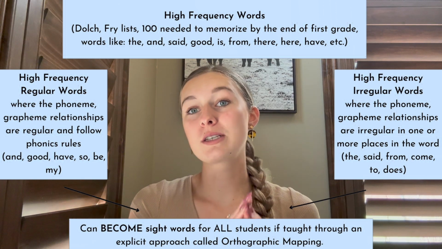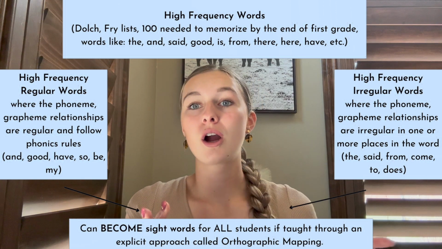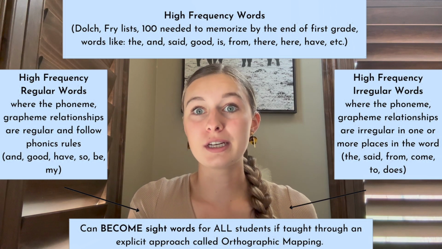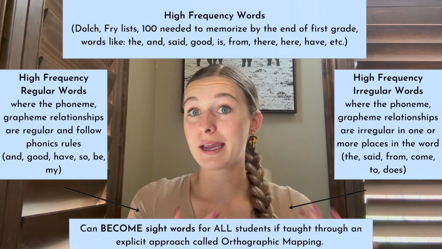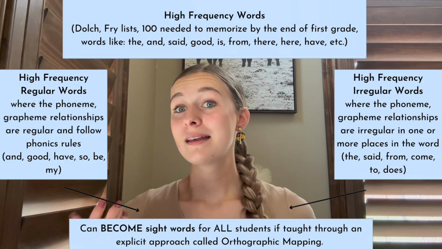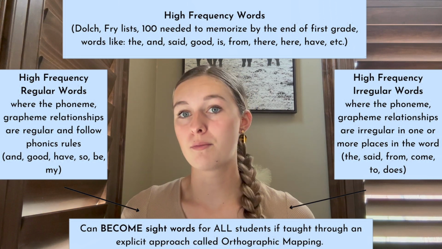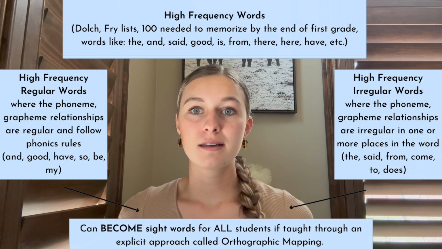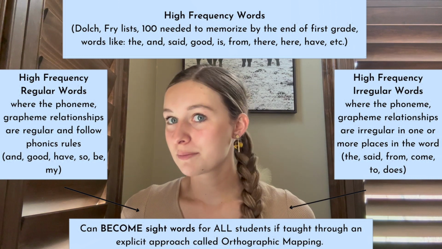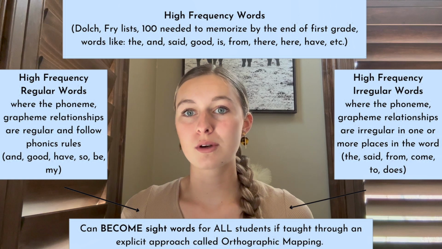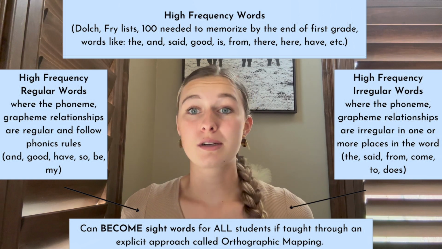High frequency regular words are words like and and good. They have regular patterns. In fact, we can teach them similar to how we have kids sound out words, with a phonics-based approach, the sound-symbol correspondence. We can do that with words like and and good pretty easily.